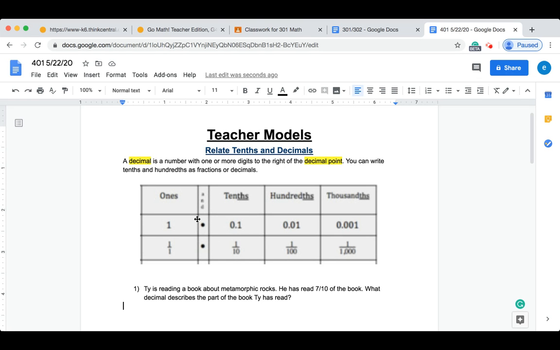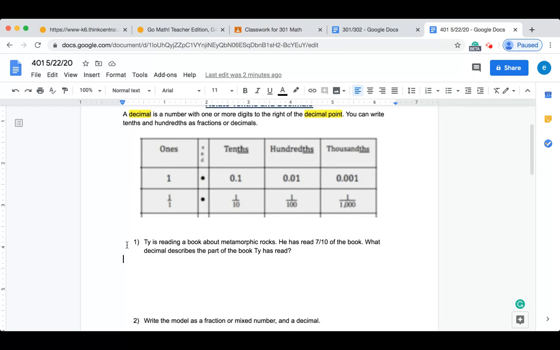And you will see when you're writing tenths as a fraction, your denominator will always be 10. Your numerator will change depending on how many tenths you have. And when you are writing it as a decimal, it will always be the place value directly to the right of the decimal point. And I will show you how to do that today.